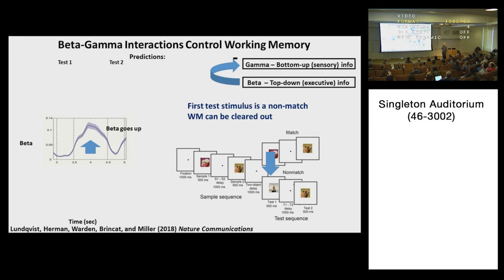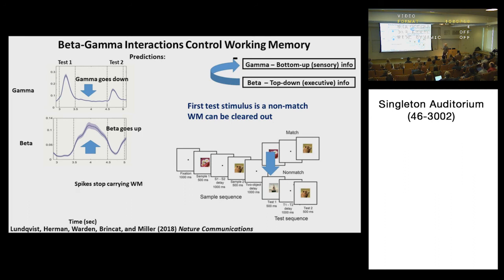So beta goes up, as predicted. The next prediction is that gamma goes down, and it does. Here's the gamma burst rate registering the bottom-up input of the first test stimulus. First test stimulus is non-match. Beta goes up, gamma drops down, and the gamma burst rate to the second test stimulus is much more muted because the animal knows that stimulus is no longer relevant.